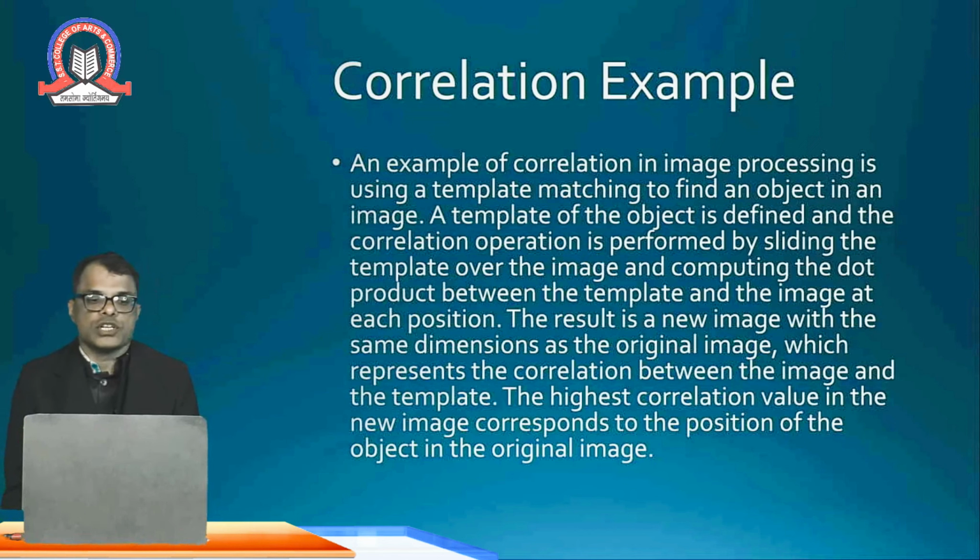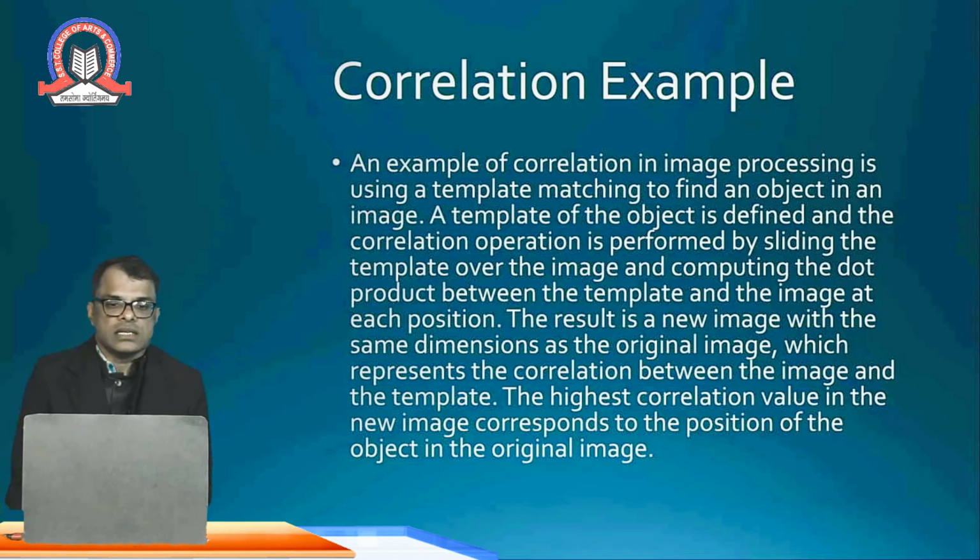Now we will proceed toward the correlation example. An example of correlation in image processing is using template matching to find an object in an image. A template of the object is defined and the correlation operation is performed by sliding the template over the image and computing the dot product between the template and the image at each position.